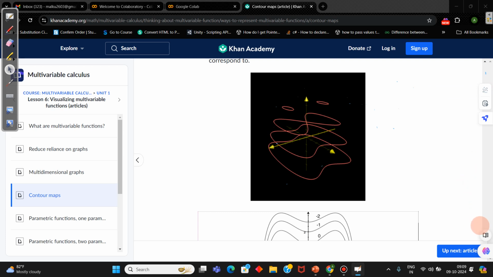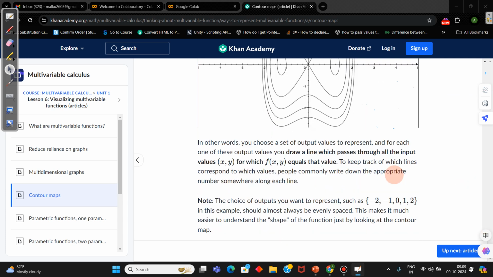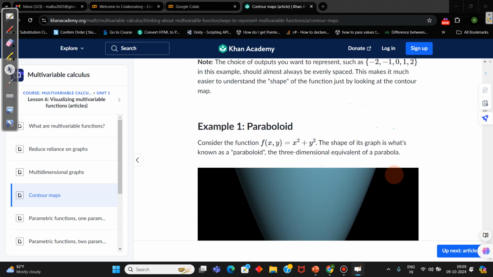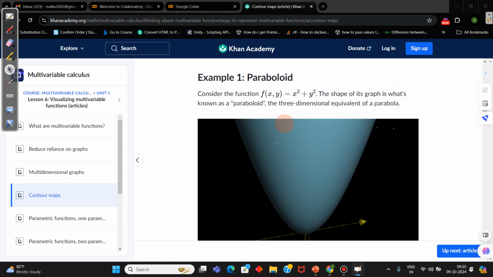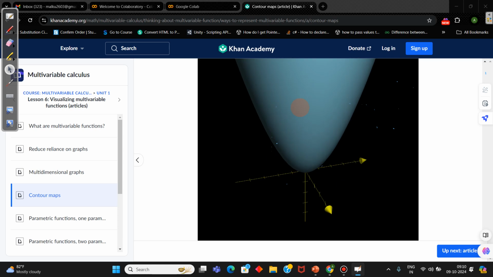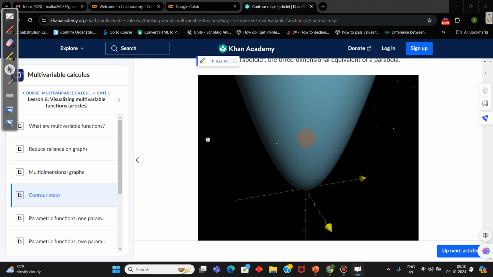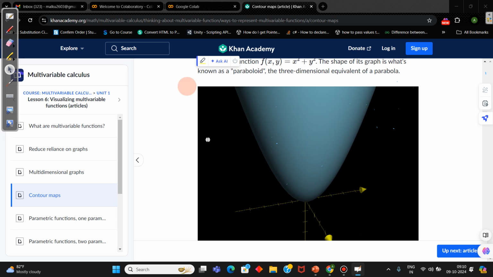So I'm going to show you the next example. See, the deep dug inside tunnel can be thought of as a paraboloid. That is a parabola in three-dimensional space. So here is the function x square plus y square for this paraboloid. That is how this function tells me what kind of surface it is.